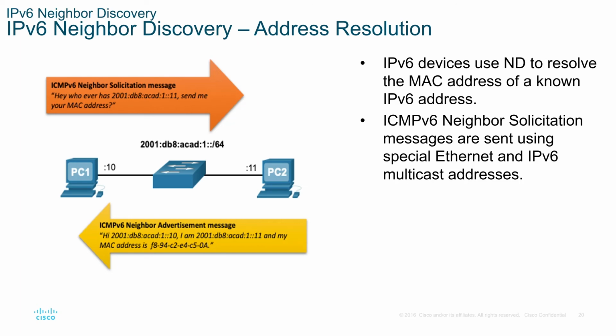ICMPv6 neighbor solicitation messages are sent using special Ethernet and IPv6 multicast addresses. The neighbor solicitation is also used to ensure that no other devices on the network have the same IPv6 address.